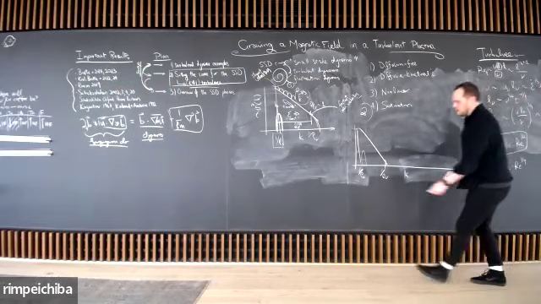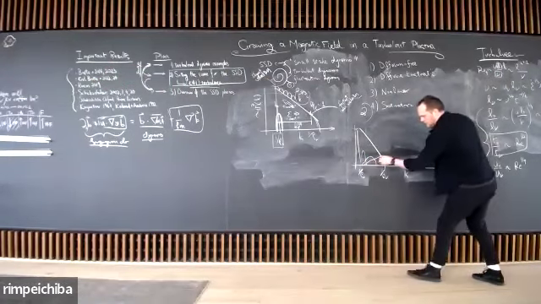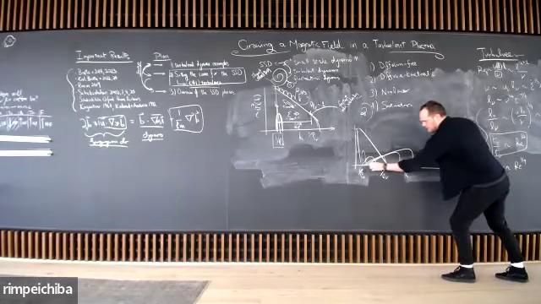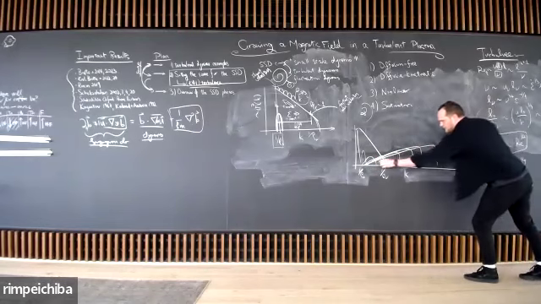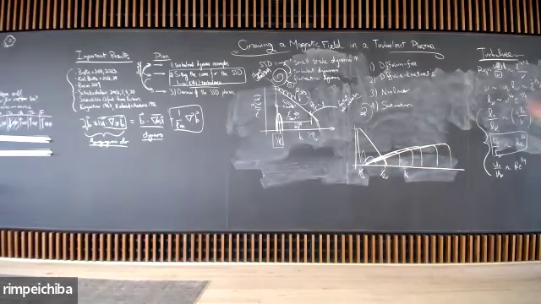Anyway, what you're going to find very quickly is that the field is going to evolve into a kind of blob that moves like this all the way to some very small scale.